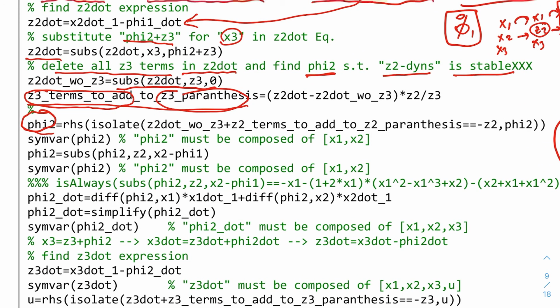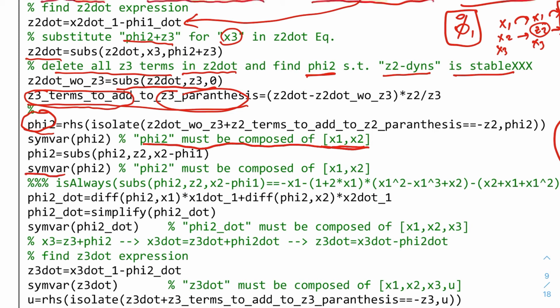Phi 2 must be dependent on x1, x2, because remember we were writing phi sub 2 of x1, x2.